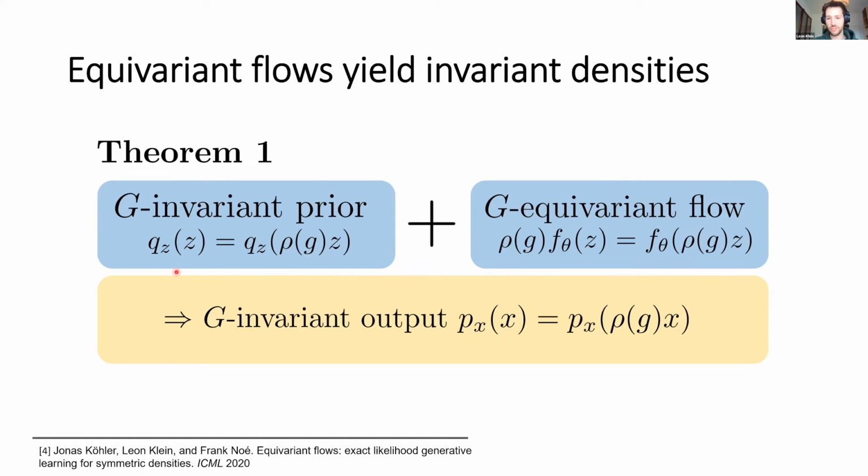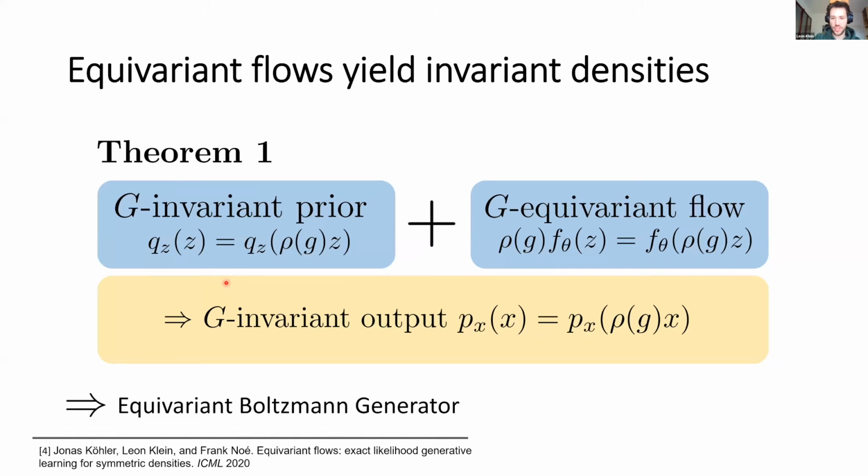And this is quite powerful, as we can now control the symmetries of the output distribution of the Boltzmann generator. And what we then do, of course, is build an equivariant Boltzmann generator such that the symmetries of the output distribution match the symmetries of our target Boltzmann distribution of interest.